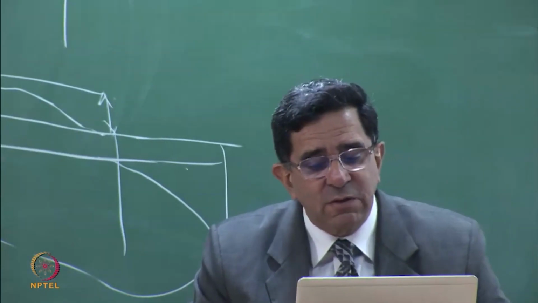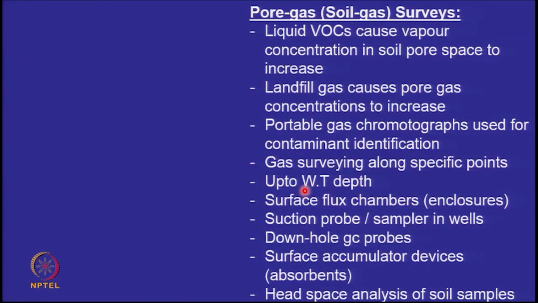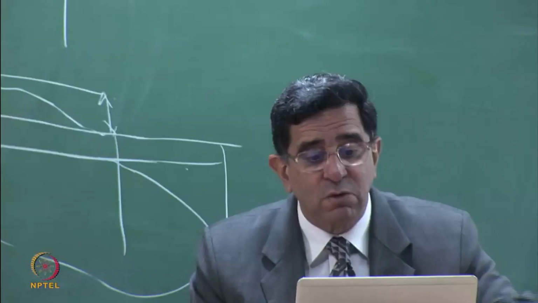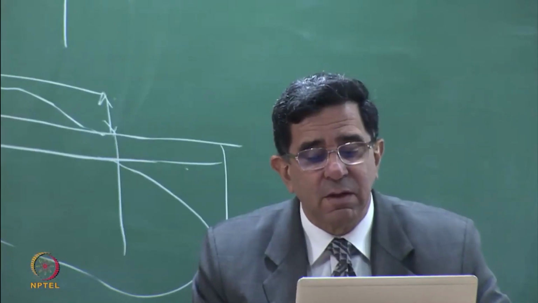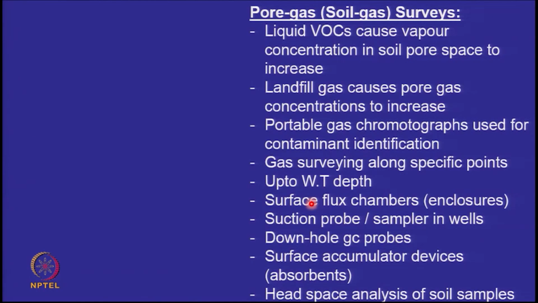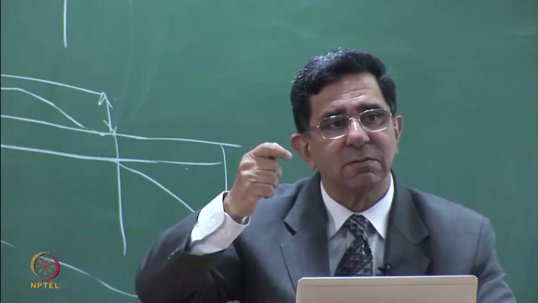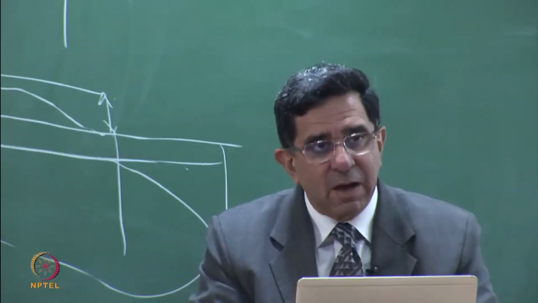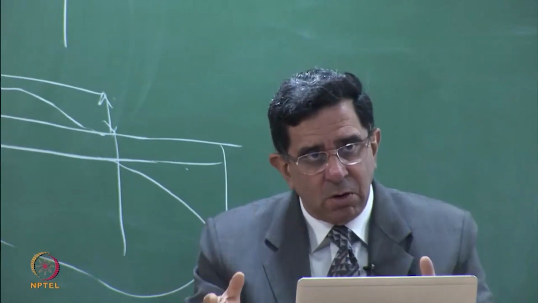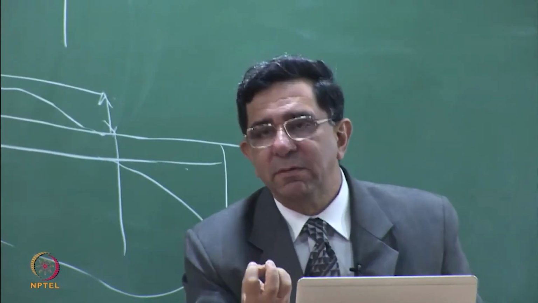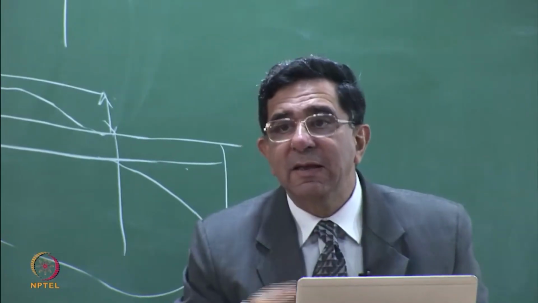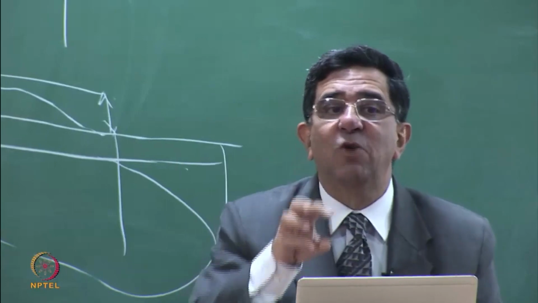So gas surveying is done. You can do it only on the surface, or you can do it in boreholes up to the water table depth. And 3-4 devices can be used. You can make a borehole and send a probe in. You can make a borehole and apply suction. Or you can make a borehole and put a chamber on top in which there is an absorbent. So you say, for this gas, this is a good absorbing material.